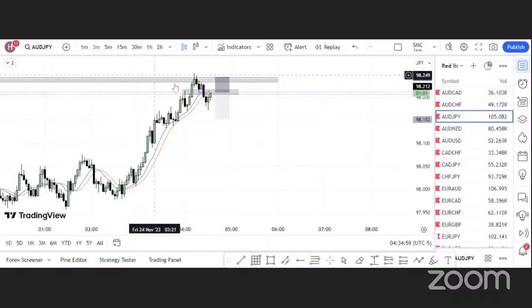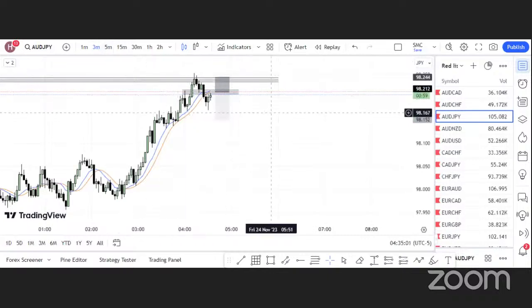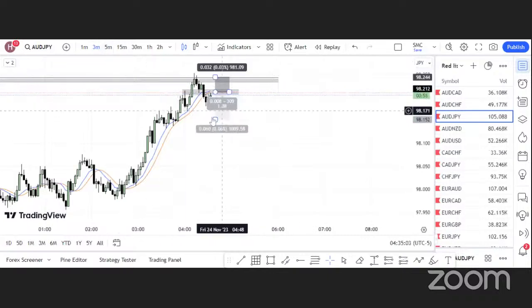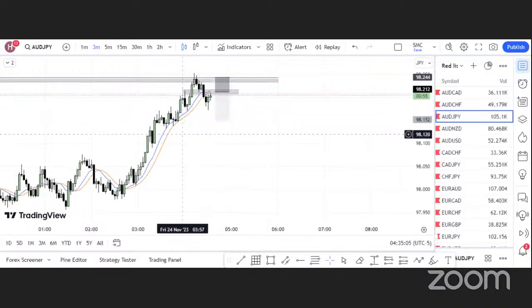Yeah, we got a tap inside, and let's see if we are going to get a rejection. Once we get a rejection, we are selling. We haven't had any profitable trade. The first trade we had to close.